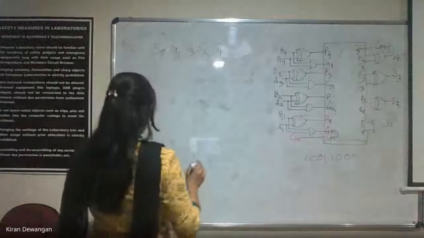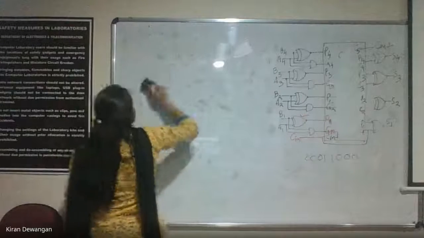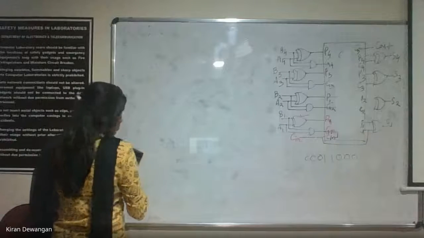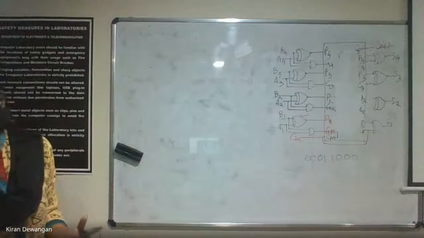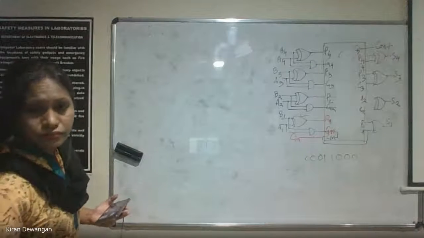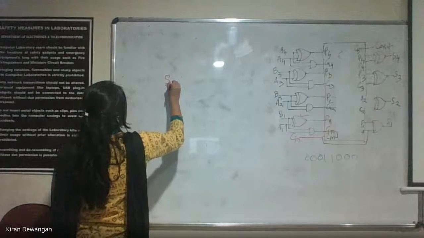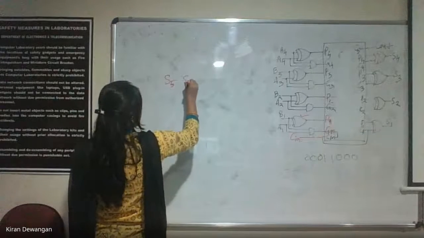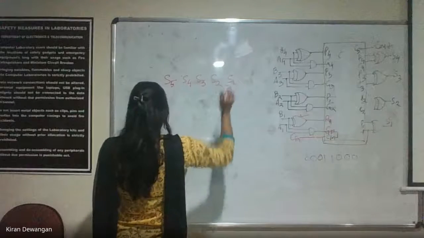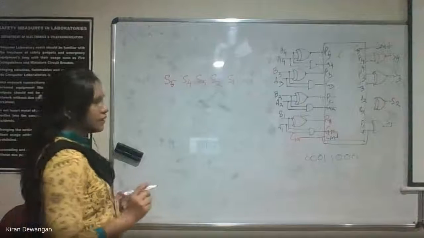Now the sum outputs are taken as, let me draw it here. S5, S4, S3, S2 and S1. Let us take it as 5 bits जो हमें मिलेगा.